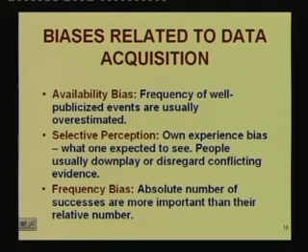Then we have the selective perception, own experience bias, what one expected to see. People usually downplay or disregard conflicting evidence. Now you see, because you are a person of a certain type, you have gone for a certain type of choices, then you tend to think that that is the right choice, because that is the right choice as far as you are concerned.